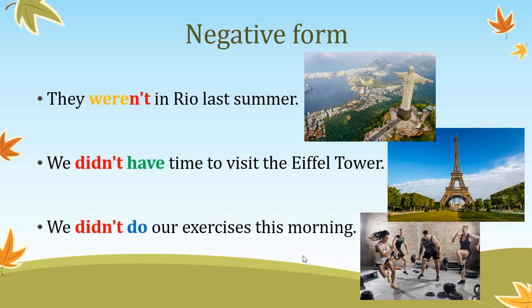As we can see, in the negative form, the only verb that we use without the auxiliary verb didn't is the verb to be. With the verb to be, we have to add not after the verb.